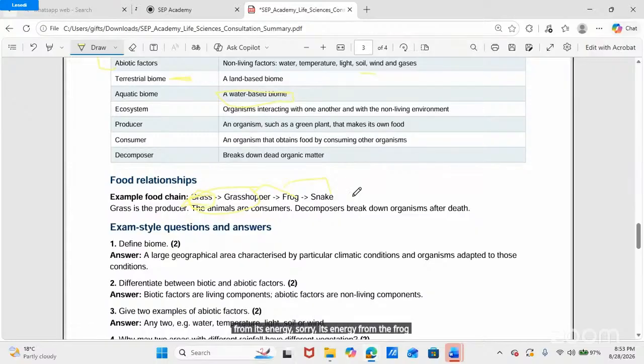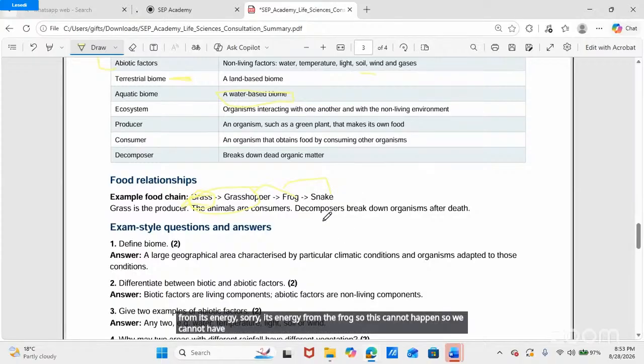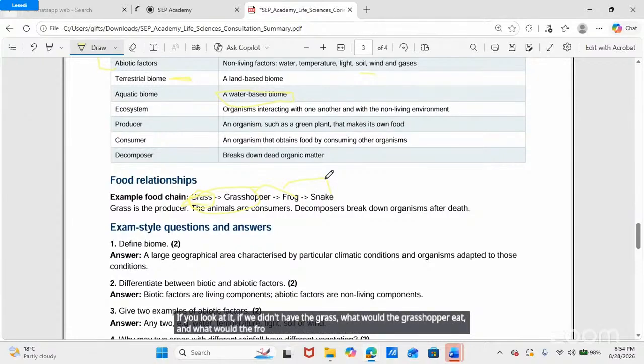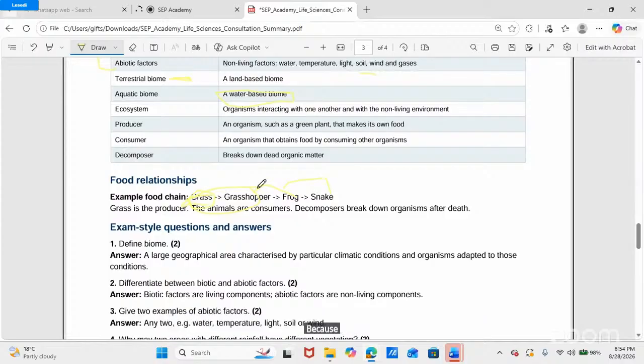So we cannot have a snake without the grass. If we didn't have the grass, what would the grasshopper eat? What would the frog eat? And what would the snake eat? If there is no grass, the grasshopper may die out because it wouldn't have any other source of food.